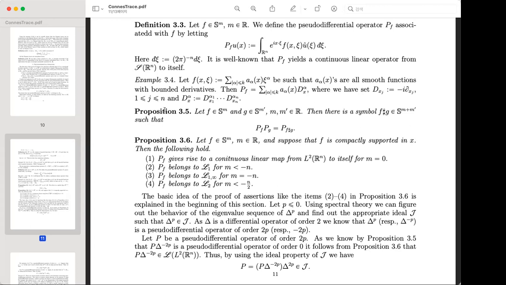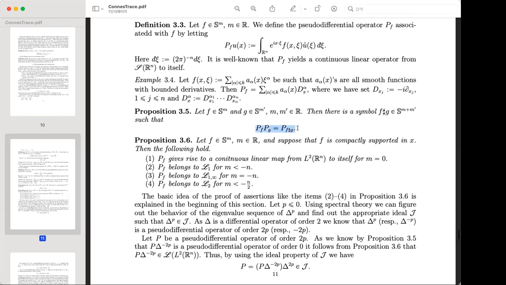Okay, and here I collect the basic properties of the pseudo differential operators. If we take a symbol f of degree m and another symbol g of degree m prime, then we can define the symbol f sharp g, sometimes called a composition product, with degree m plus m prime.